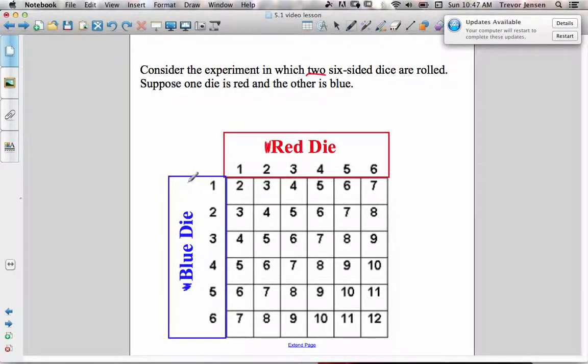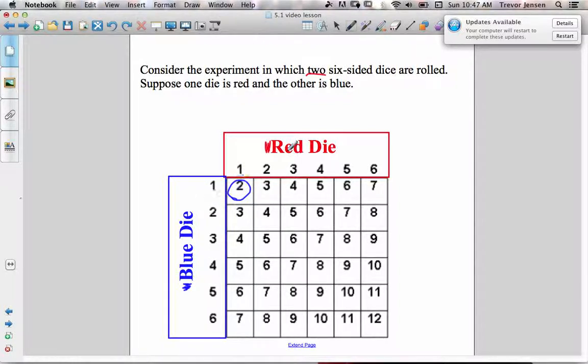In order to make this probability distribution, first of all, we have to figure out what the possible values are for the sum of the two dice when we roll them. You might think, okay, the lowest possible sum is 2, because that would occur if I got a 1 and a 1.